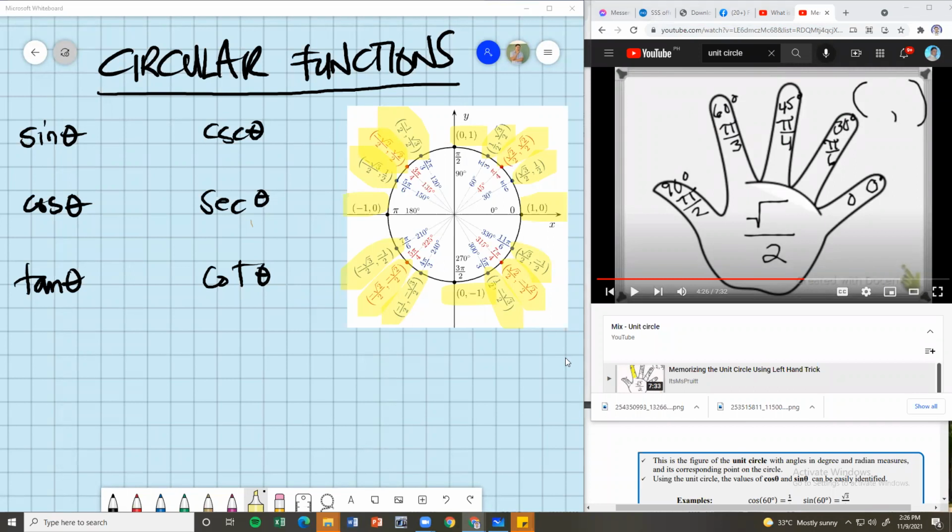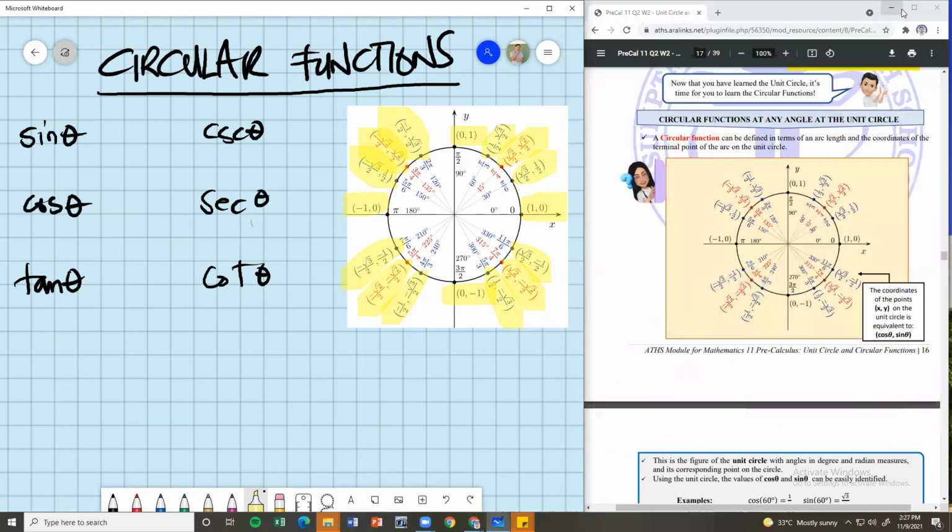Yung mga M-toppers ko dati, basta't alam nila itong finger hints na to for the functions, kahit wala itong unit circle, they will survive the process. Kasi this is a shortcut. This will teach you how to find the values without looking at the unit circle. Okay, I sent the link in the chat box. Kindly save it. If you want to learn from it, please learn it.